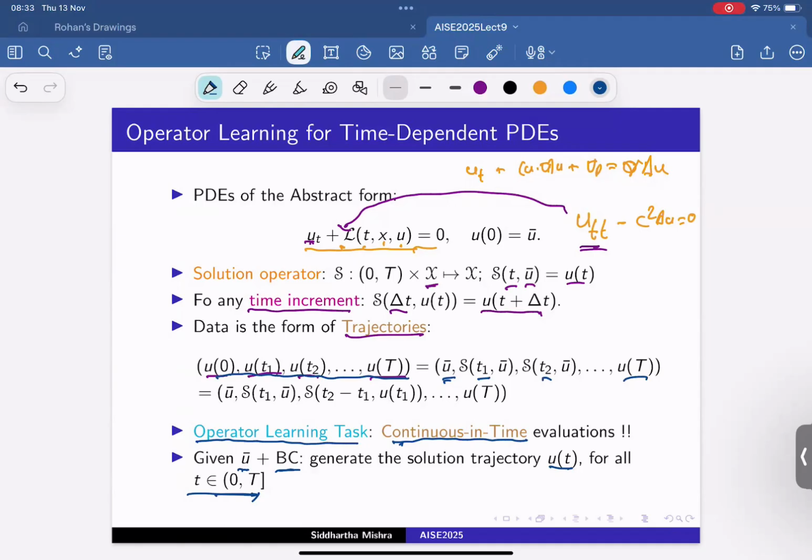For a time dependent problem, you have to sample the entire function not just in space but in time. So you have essentially the entire trajectory of the solution, and this is why the task is harder in some sense, because not only have you been given the initial data and boundary conditions, you generate the entire trajectory, the whole video, right?